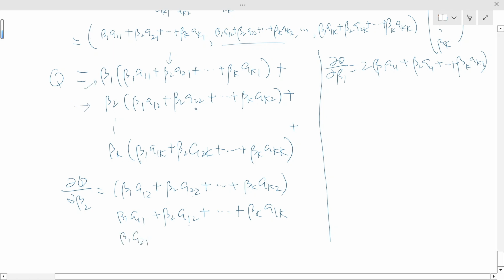For these terms, inside the bracket, there's a beta 2 here. So differentiate it with beta 2, we get A22. There's beta 2 outside, so it's beta 2 A22. So on and so forth until the beta k terms, where we get a beta 2 here, which is beta k times A2k.